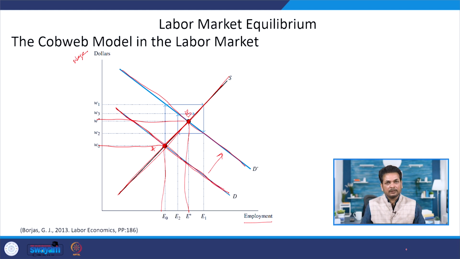This should have happened, but the firms will find it extremely difficult to hire this desired number of new engineers, E star engineers, because new engineers do not come out of thin air simply because the firms want to hire them. It takes time to train new engineers, because the engineering schools are only producing E0 engineers annually.